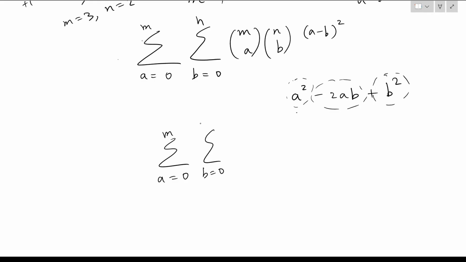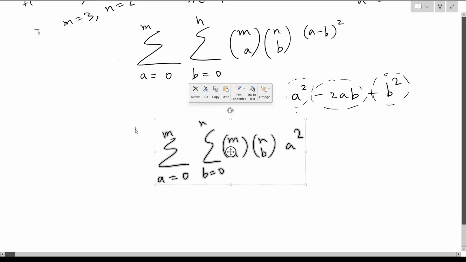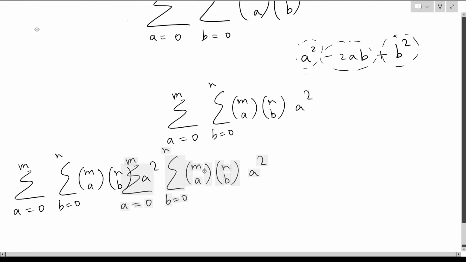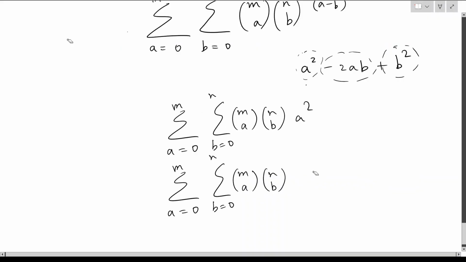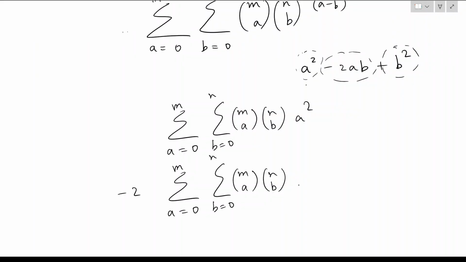The sum over b equal to 0 to n, m choose a, n choose b, a squared, and I will simply copy this and paste it three more times for the other expressions. This is with negative 2ab, which we can just take the negative 2 out.